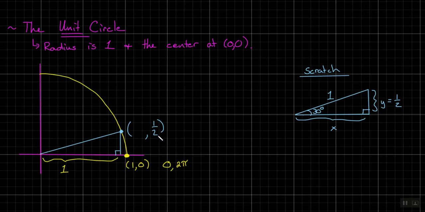What's x? Now that I have the short leg as 1/2, how do you go short to long? So we multiply it by √3, right? 1/2 times √3. And it's more common, instead of writing it as 1/2 times √3, to write it as √3 over 2. So I think that this is just the square root of 3 over what? And check it out. Here's our first ordered pair.